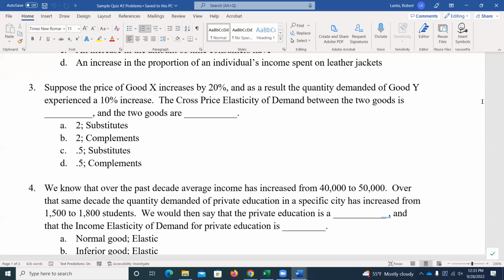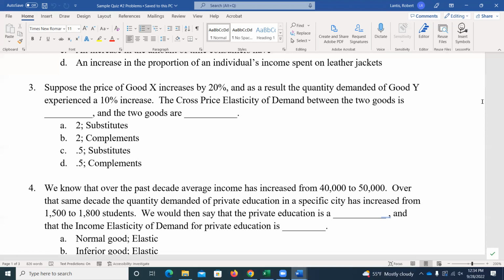The responding thing here is quantity demanded. So we're thinking about the percentage change in quantity demanded, but of a different good. So what's changing and what's responding to that change? Questions there?